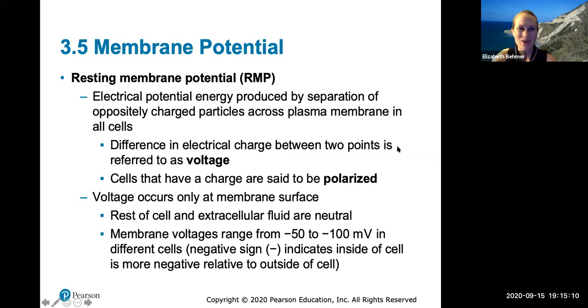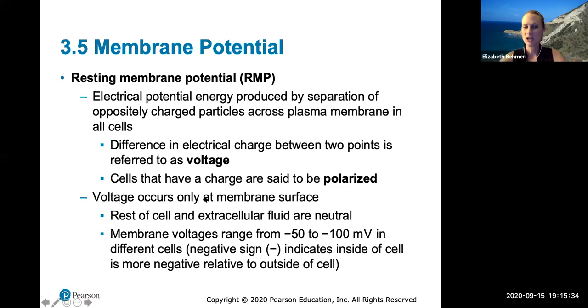I know. All right. Resting membrane potential then. This is the electrical potential energy produced by the separation of oppositely charged particles across the plasma membrane in all cells. This is important because your cell membrane has a voltage to it, meaning it's charged. And this is especially important in your nerve cells and your muscle cells.